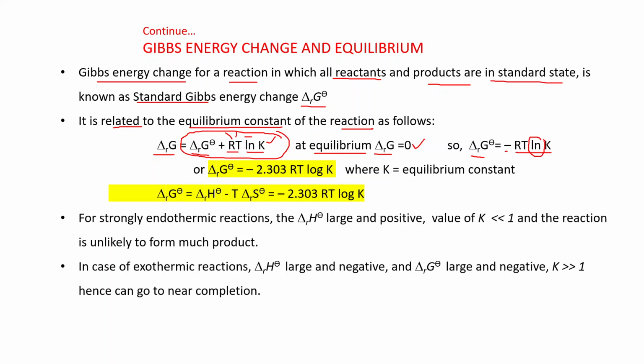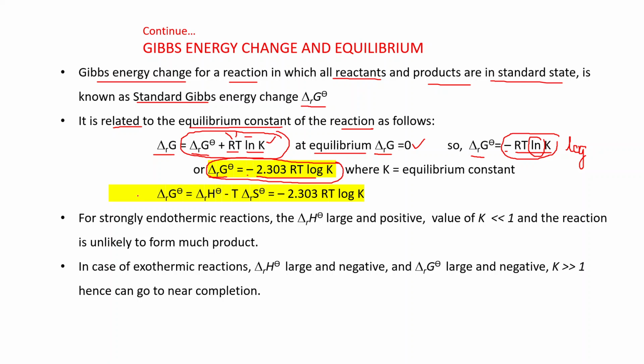If this natural log is converted to base 10, then ln is replaced by log, and the whole term is multiplied by 2.303. Standard Gibbs energy change of a reaction is equal to minus 2.303 RT log K. Remember this relationship between standard Gibbs energy and equilibrium constant.